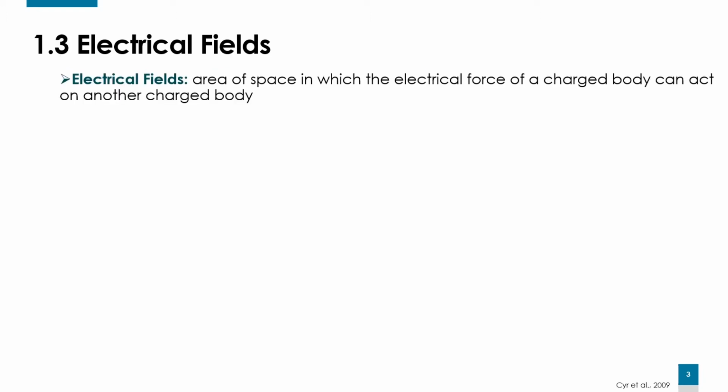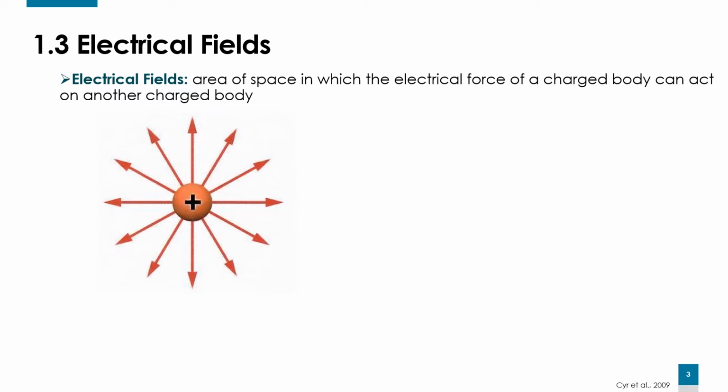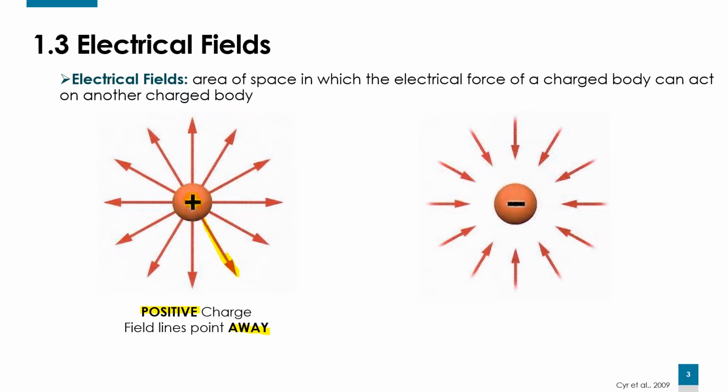Now, remember the convention for representing the electrical field, the force around a charge. For a positive charge, we represent the electrical field as pointing away from the charge. And for a negative charge, the field points toward that charge.